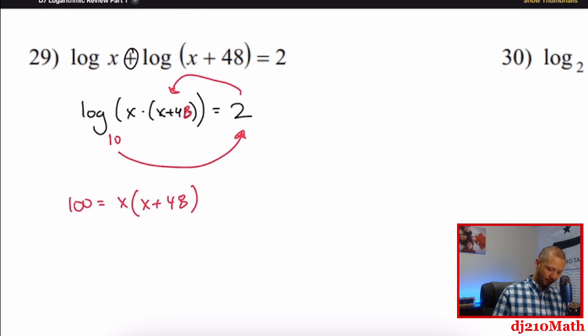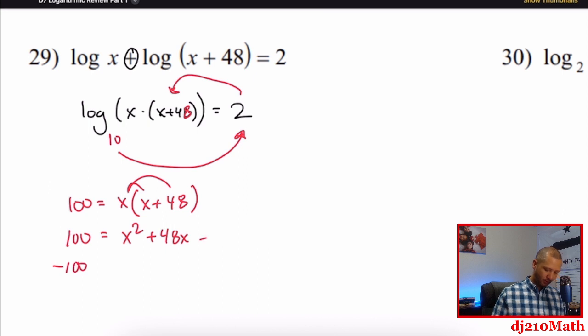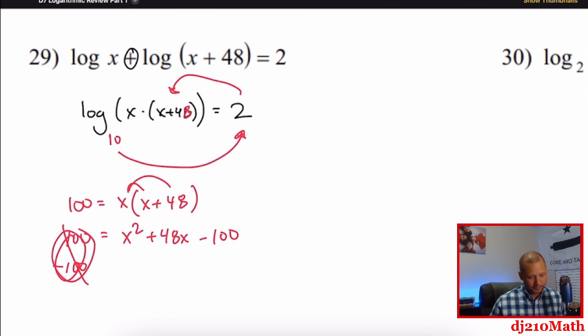Right hand side, distribute: x squared plus 48x. We have to subtract 100, and this is equal to 0. All right, so two numbers that multiply to make 100 and add up to 48. So 50 and 2. 50 times 2 is definitely 100.